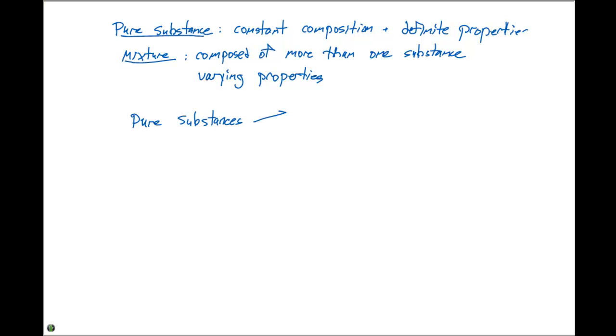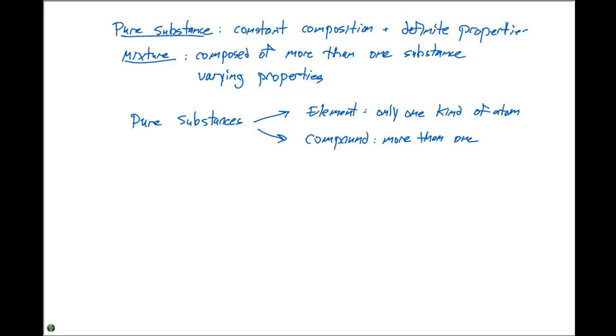These two types are an element, and in an element we have only one kind of atom, or we could have a compound. And a compound is composed of more than one element.